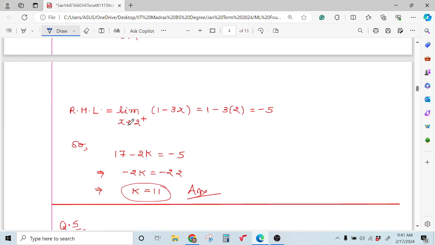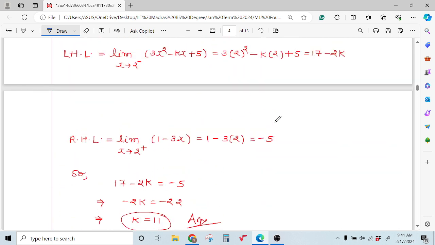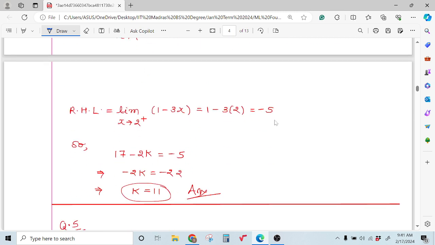We will substitute the value into 1 minus 3x, and we will get the limit of the function at x equal to 2, that is minus 5. Then we will equate the right hand limit and the left hand limit. 17 minus 2k is equal to minus 5, and we will get the value of k as 11. So our final answer is 11.